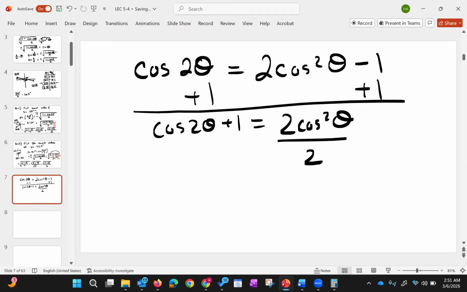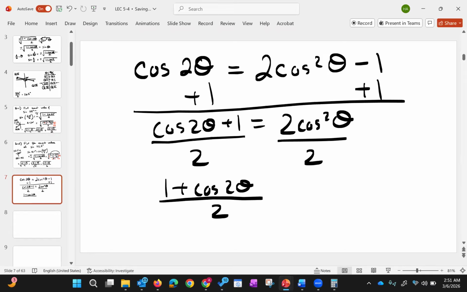Divide by 2, divide by 2. Now you can either put the 1 in front or the cosine in front. And in order for the formulas to look pretty close together, what the book does is put the 1 in front.